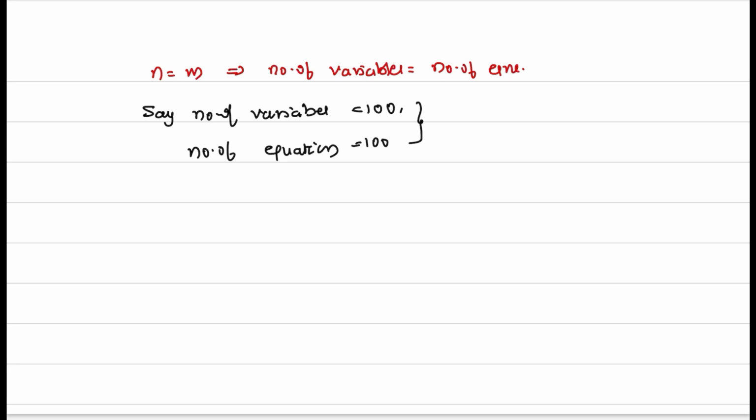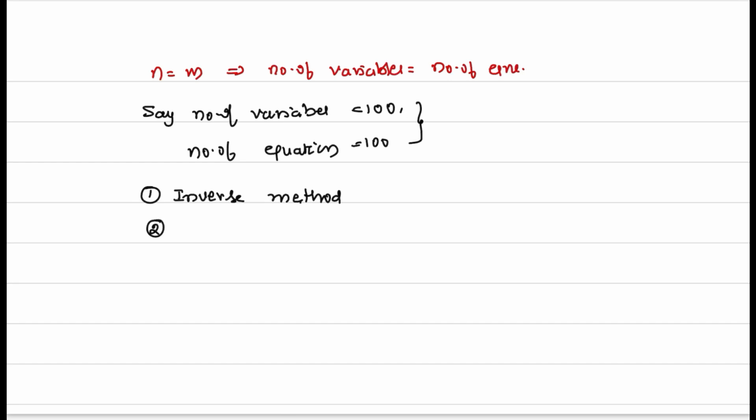There are many methods to solve for x and y. One is the inverse method. By finding the inverse of the given matrix, we can find the x and y values.